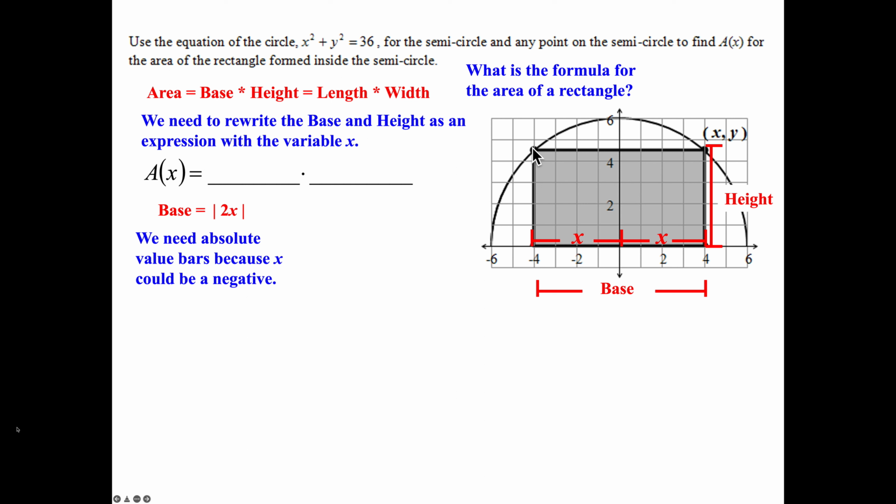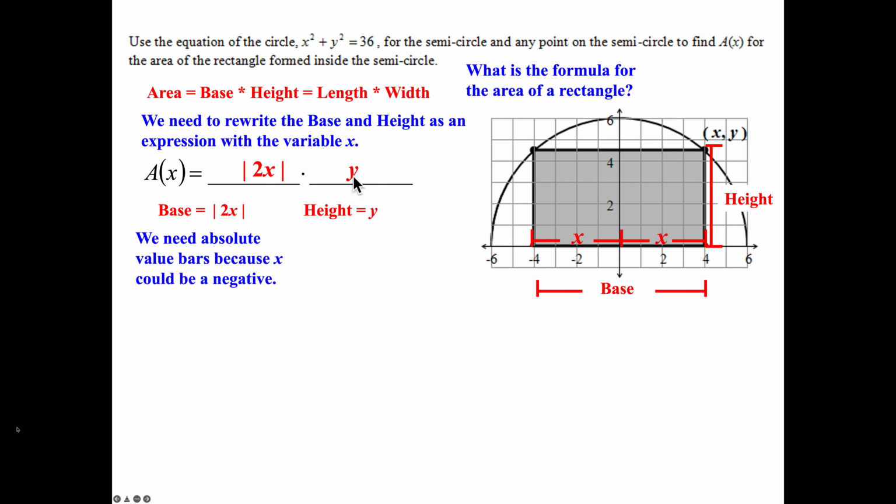So if I was looking at this as my point right here is x comma y, my x would be negative, and I don't want to have a base that's -8. So to guarantee a positive value, we're going to put absolute value bars around the x's because your x's could be negative. They said you can go anywhere on the semicircle. The y you don't have to worry about. We have only positive y's.